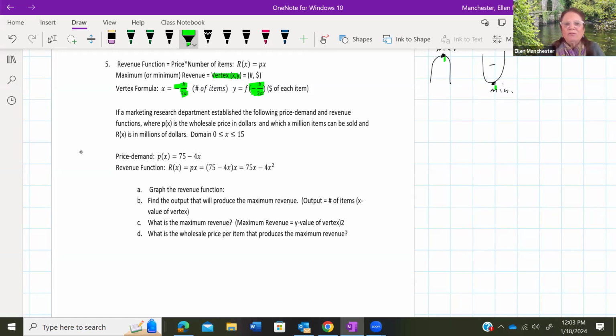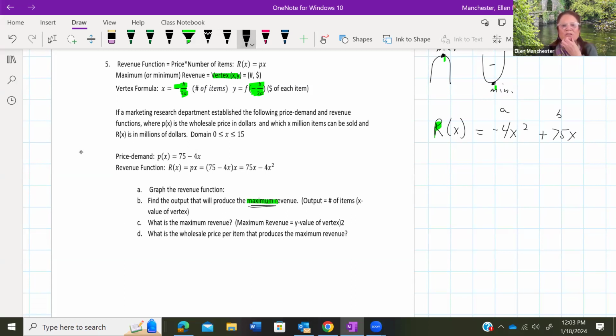So here's your revenue function, 7x minus 4x squared. So your revenue is, I'm going to rearrange it so it's in descending order. Okay, here's my A, here's my B. So to get the maximum, the minute you see the term maximum, you know you are getting the vertex formula.